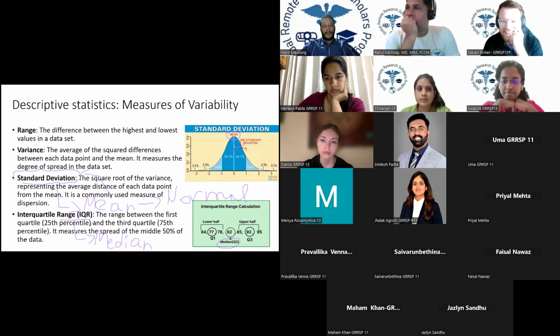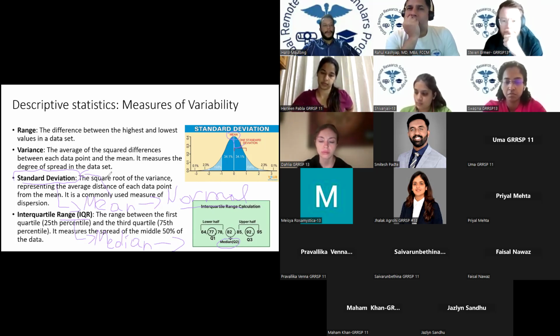And interquartile range is actually used to describe non-normal data. And we will get to that in a second, but I just want you to have that in the back of your head. And I will actually answer your question as to why the mean and the standard deviation describe normally distributed data and why the median and interquartile range describe non-normal data. We will get to that in a second.